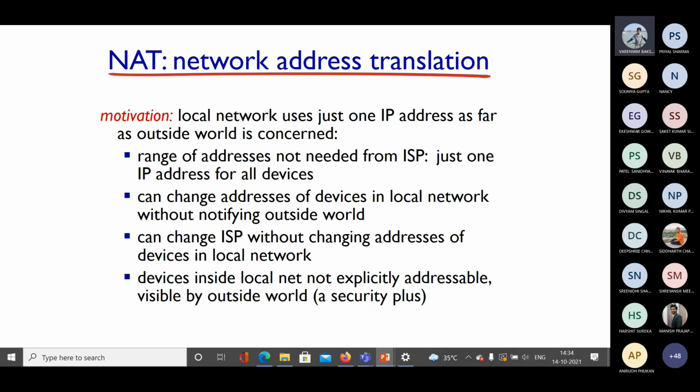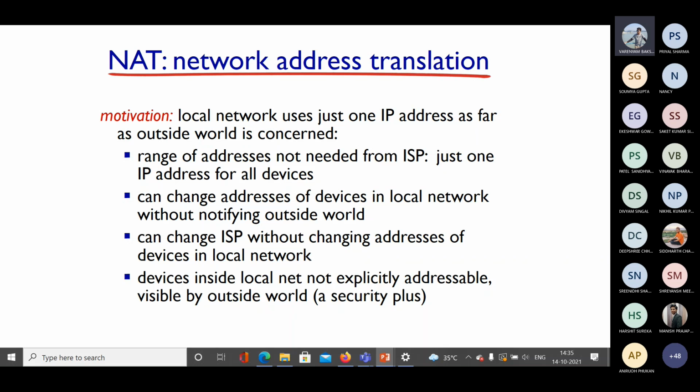For the outside world, the ISP will give just one IP address for all the devices associated with your organization. So this helps to reduce the problem of IPv4 addresses being scarce, given the millions and millions of devices in the world. If for an entire organization only one IP address is sufficient, then this reduces the problem a lot.